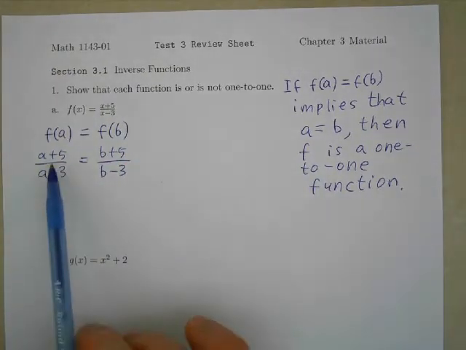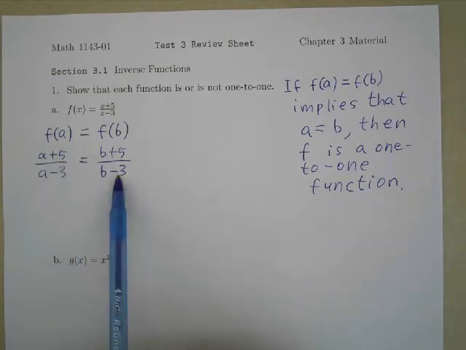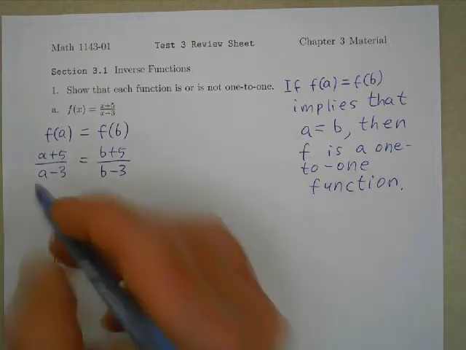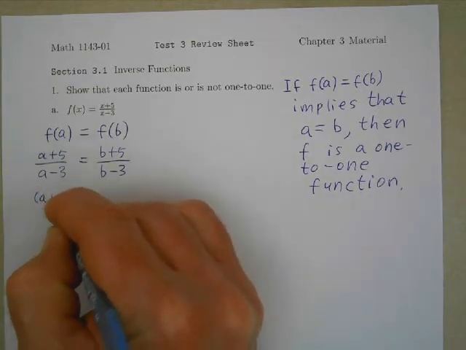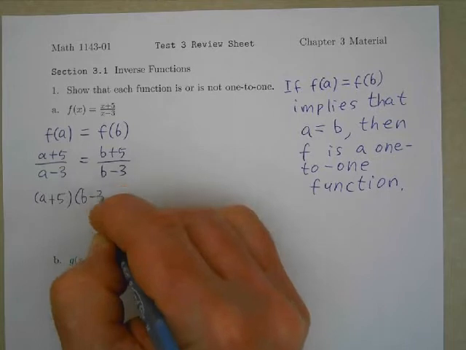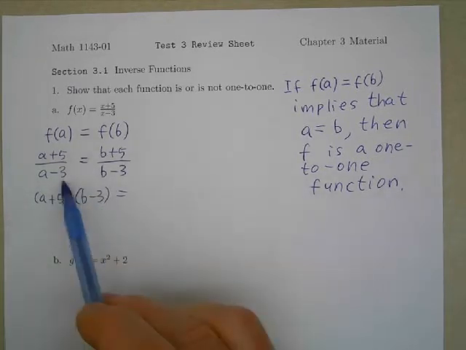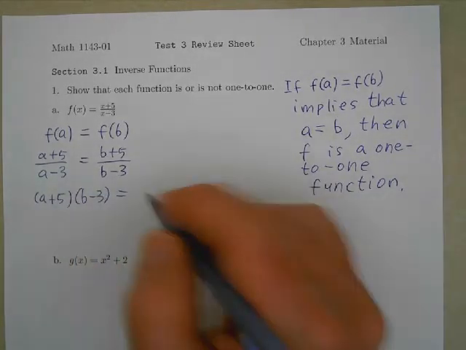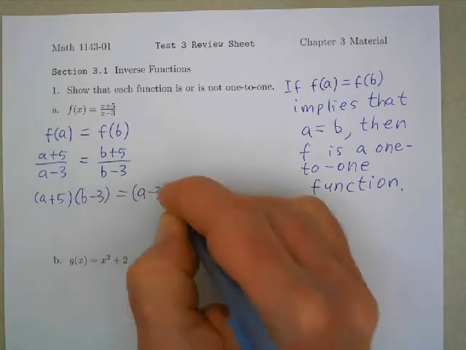Then we'll use the fact that when a fraction equals another fraction, their cross products are equal. One cross product is a plus 5 times b minus 3. We set that equal to the other cross product, a minus 3 times b plus 5.